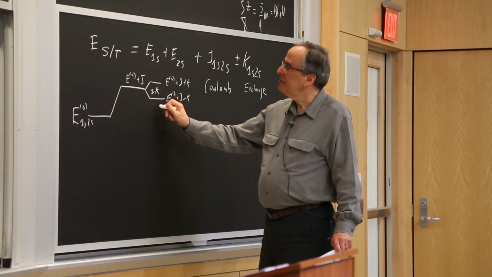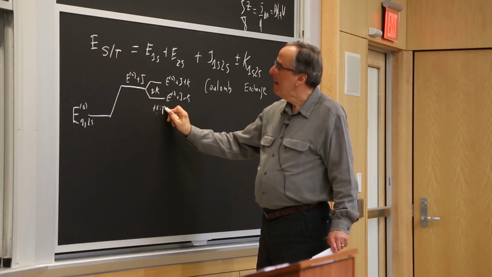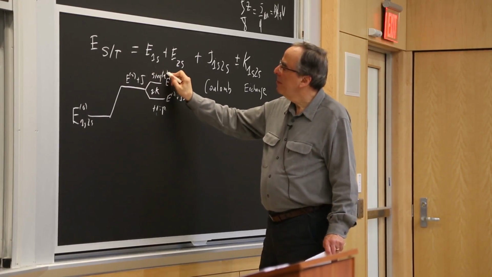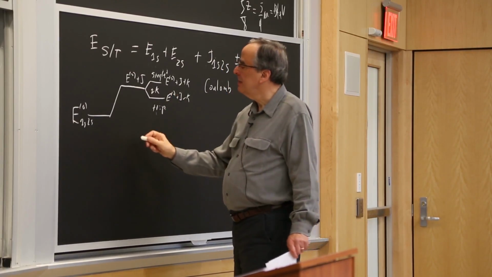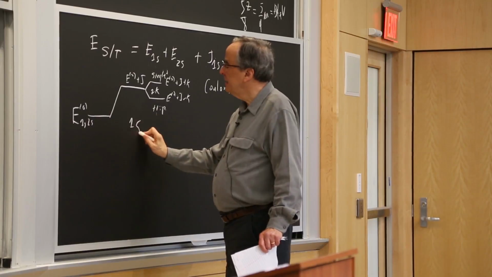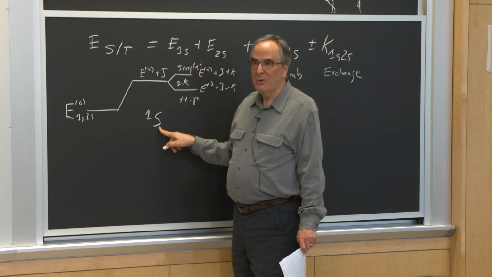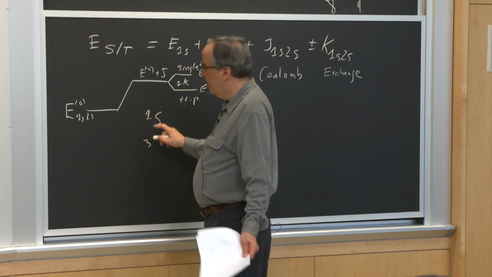And this is the singlet state, the triplet state. And this is the singlet. And for helium, we call the singlet state singlet S because total angular momentum is 0 and spin is 0.